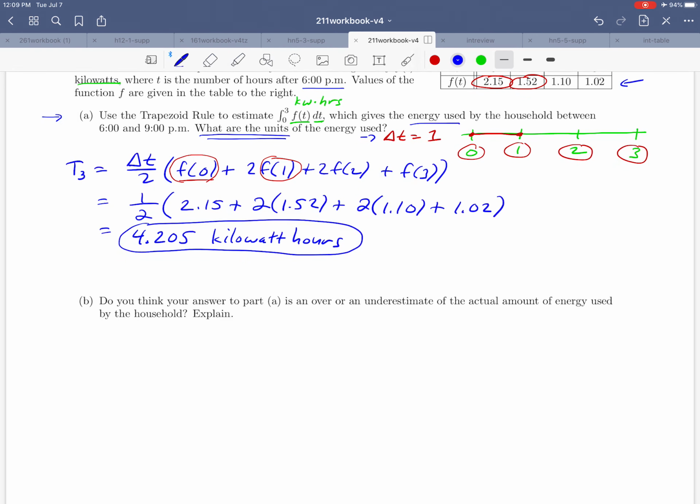And so then part B just asks us a question about the accuracy of our estimate here. That 4.205 kilowatt hours that we just came up with, does that represent an under or an overestimate of the amount of energy used? Well, the only way that we really have to answer a question like that is graphically.